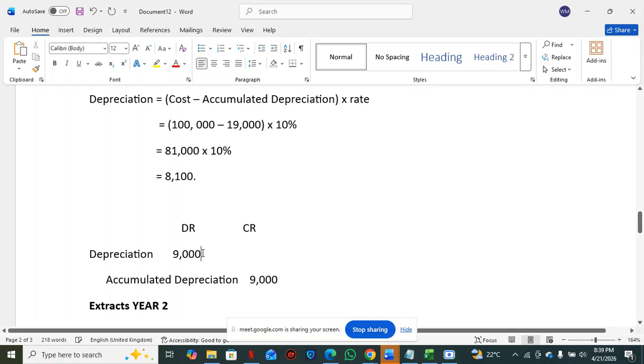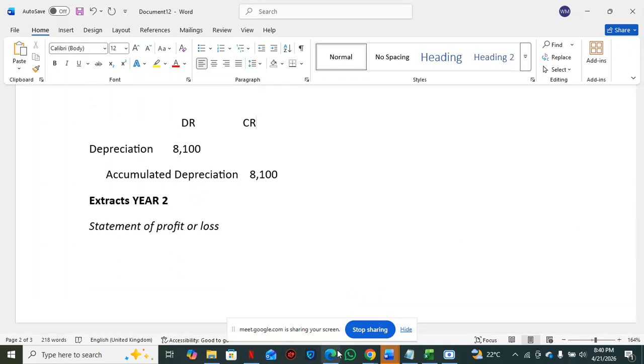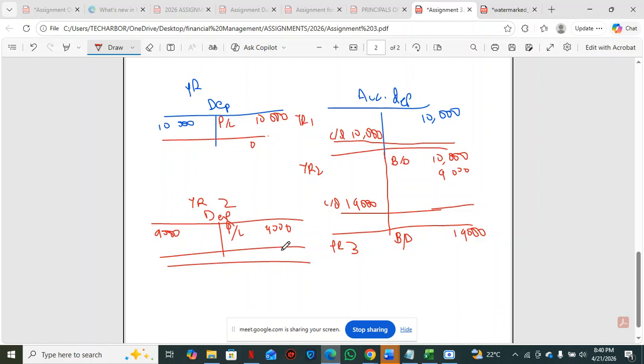So the journal entry again here, depreciation debit 8,100. This is what you're going to see in the statement of profit or loss, the expense. Accumulated depreciation, you put 8,100.